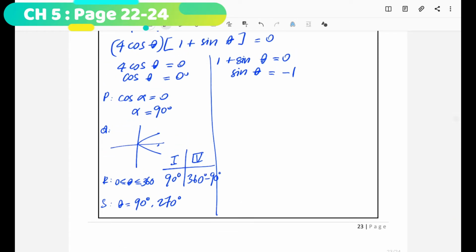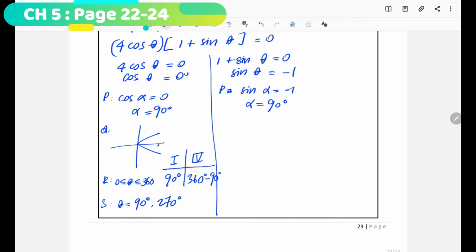Okay, so kita tengok move kepada yang seterusnya. Sebelah dia sin theta is equal to minus 1. So P for principal angle alpha. So shift dekat sini sin equal to minus 1. So bila kita tekan shift sin, bila nombor negatif, just ambil the number. Jangan ambil sekali dengan sign dekat situ. Kita hanya mahukan angle dia sahaja.